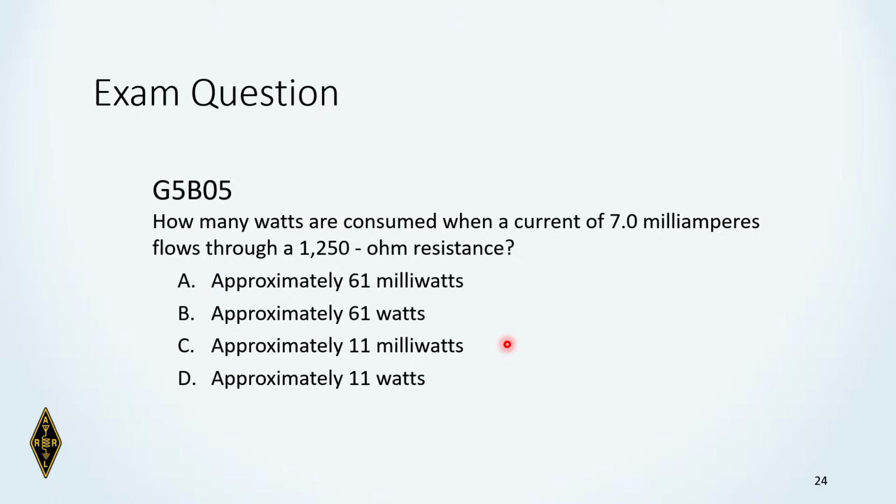How many watts are consumed when a current of 7 milliamps flows through a 1250 ohm resistance? There's a trap in this one, but this is our Presley friend, I squared R. Alpha. I'm going to try alpha. It is alpha, but the trap that I wanted to point out, notice that there's two that have 61 in the answer.